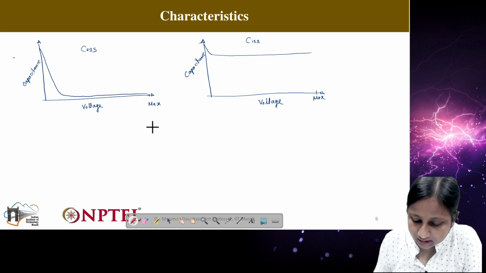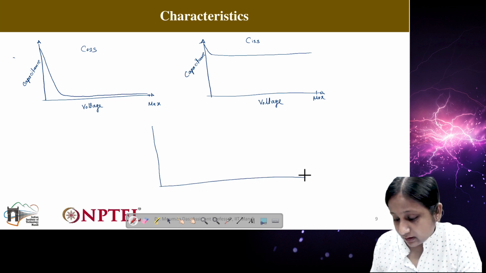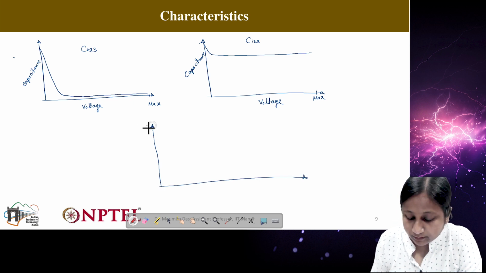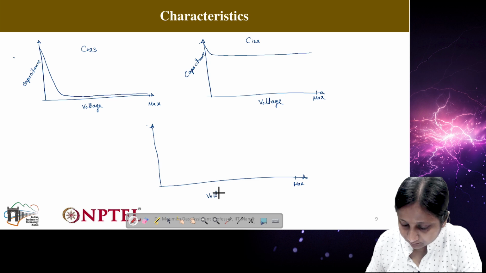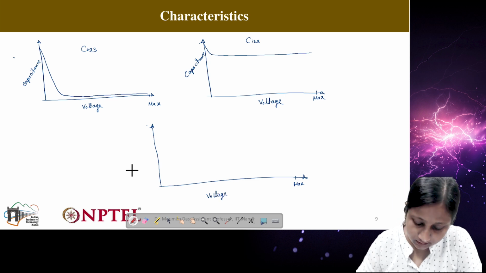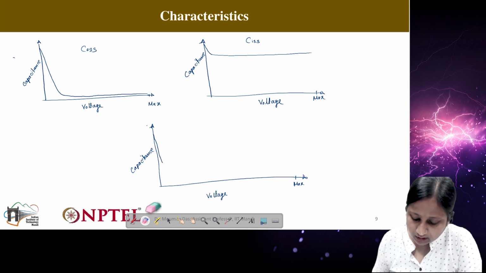Now Crss, which has only one component of the capacitance, that is Miller capacitance. So the maximum voltage, this is capacitance. Now it will also reduce. So this has a comparatively lower value, so maybe I can start from the lower point.